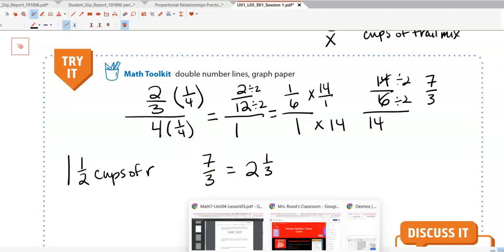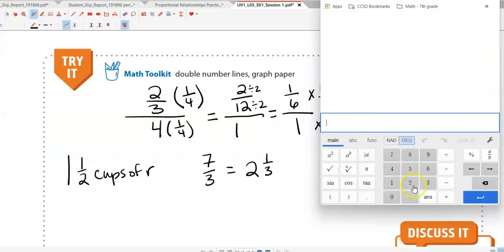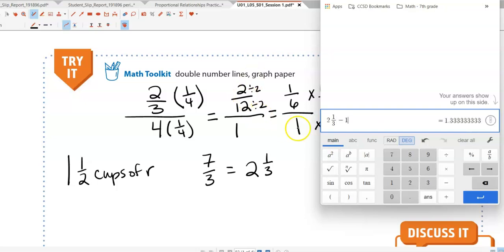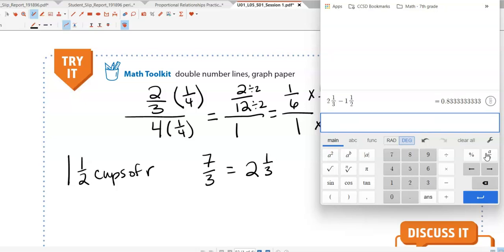So let's pull out our calculator, and I'm going to use Desmos here. So on our calculator, I'm going to take 2 and 1/3, minus 1 and 1/2. And now we're going to convert this to a fraction.